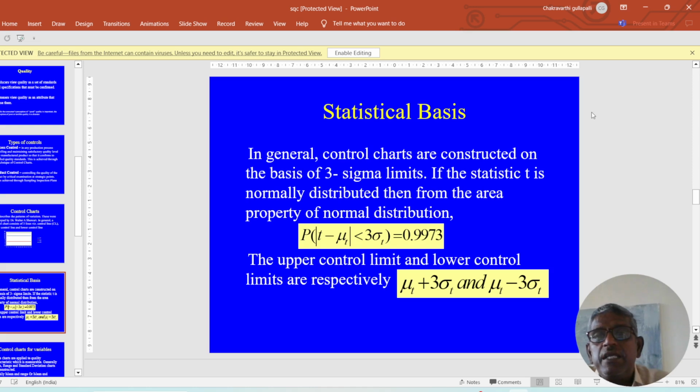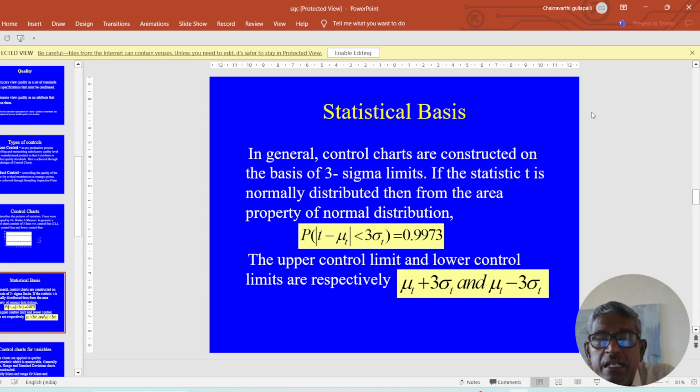Now, any control chart is constructed using three sigma limits, and the three sigma limits are calculated as the probability that the modulus of t minus mu suffix t is less than 3 into the standard deviation sigma suffix t, equal to 0.9973. Here t is a character, so a specification value minus its mean value.